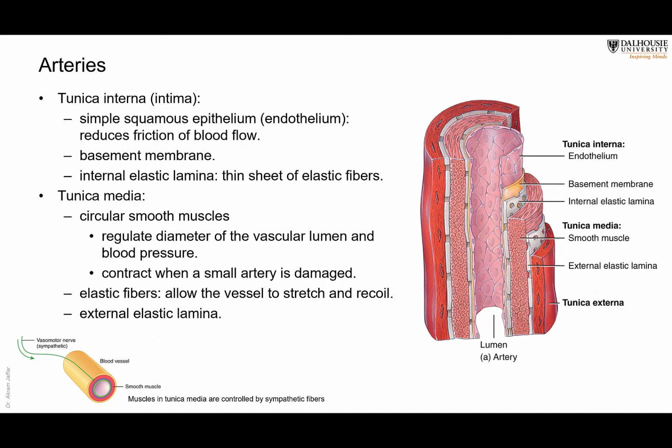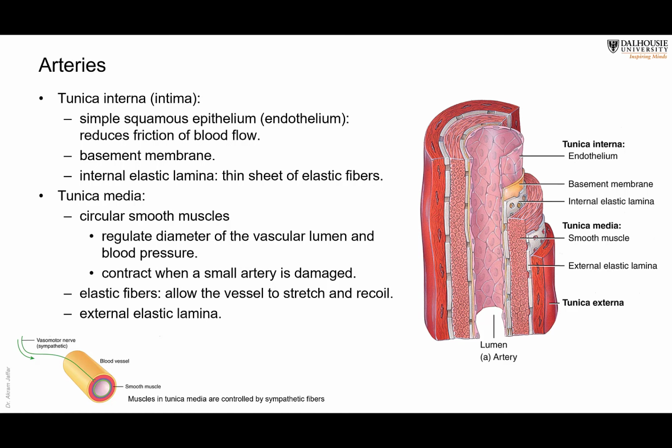So we have an inner tunic, which is called the tunica intima or tunica interna, and this is lined with simple squamous epithelium, endothelium. Probably I mentioned that last time. I said that all the cardiovascular system is lined with this smooth endothelium that reduces the friction of blood and allows easy blood flow.